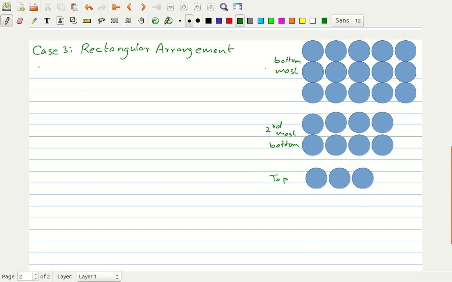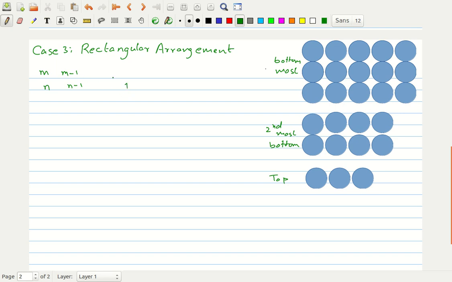Suppose in the bottommost layer our bottommost layer is an m by n rectangle. Then the second most bottom will be m minus 1 by n minus 1, and we have to do all this way up till n reduces to 1.